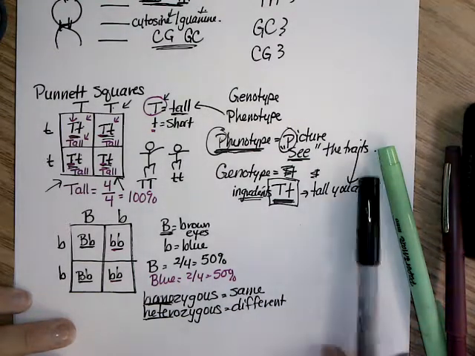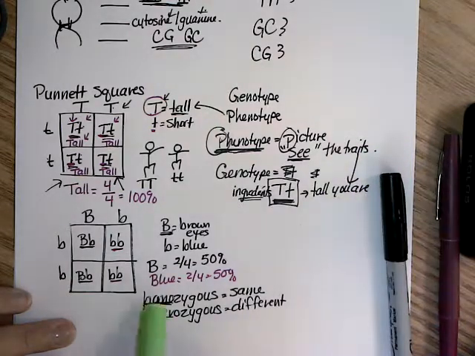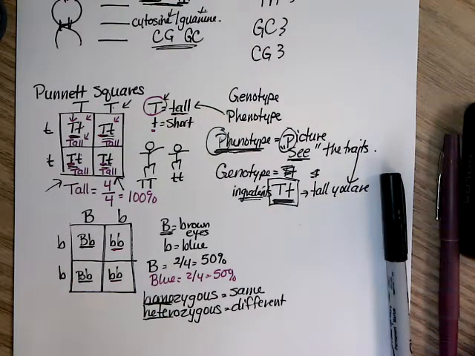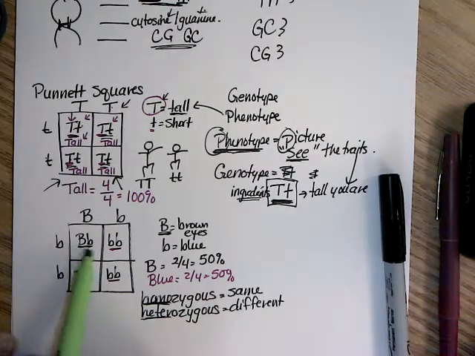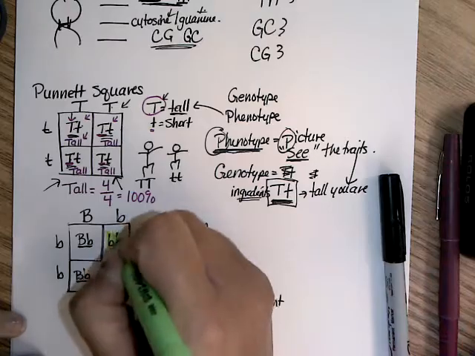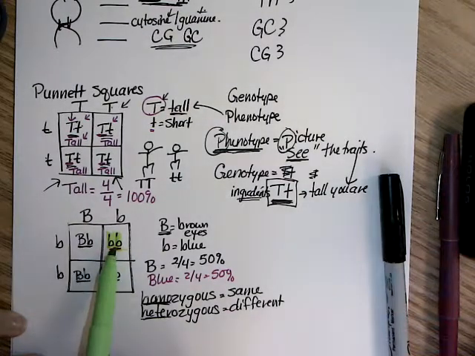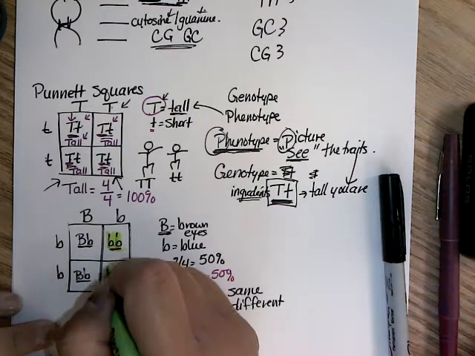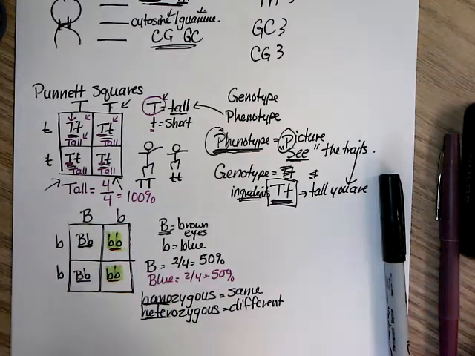Okay, so if I take a look at this, which are my homozygous? The ones that are the same. Those aren't the same. That's not homozygous. Those are the same. That is definitely homozygous. And they're homozygous recessive. If I look here, homozygous, and because they're little b, it's going to be homozygous recessive.